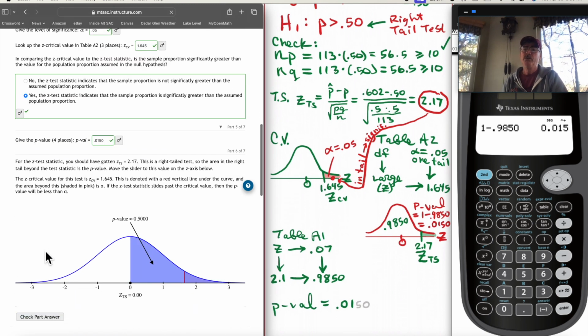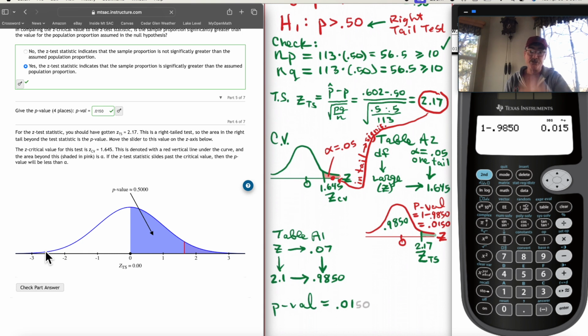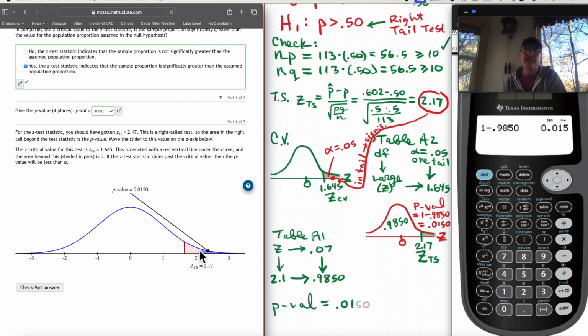Good. And then we get to draw the picture that I drew by hand here. The test statistic, remember here, is going to be past the critical value. The critical value is this red line here at positive 1.645. But the test statistic is 2.17. I need to slide this to go up past 2.17 right there. Again, the pink area is alpha.